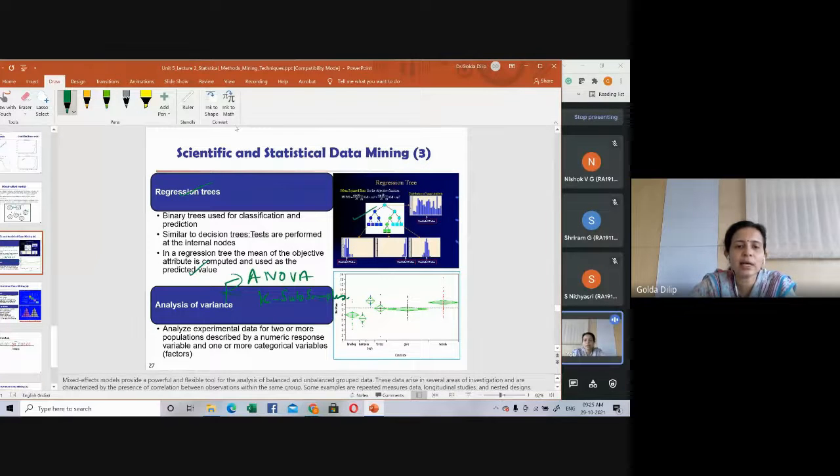When I say analysis of variance, the central thing is that one of the most fundamental characteristics of any data is variance. Variance will always be there in the data.